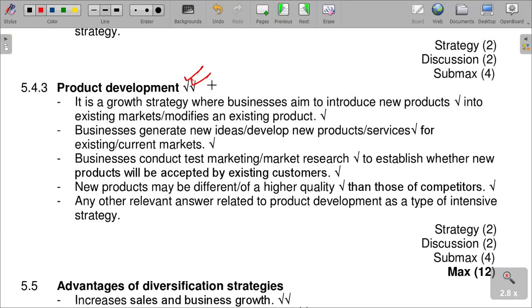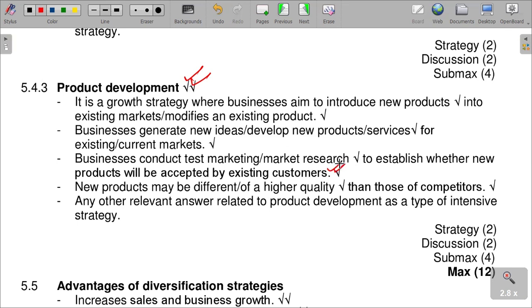So businesses generate new ideas, or they develop new products and new services, which can be for existing or current markets. Businesses conduct test marketing or market research to establish whether new products will be accepted by existing customers.